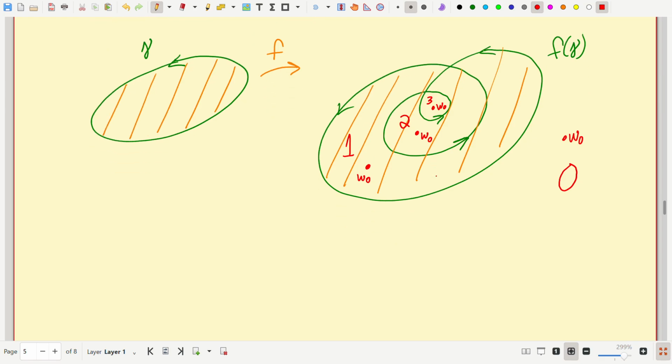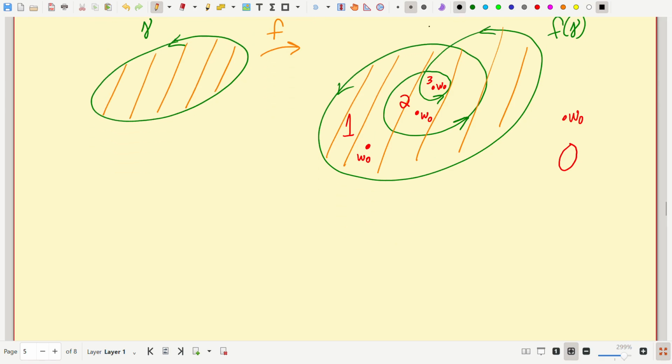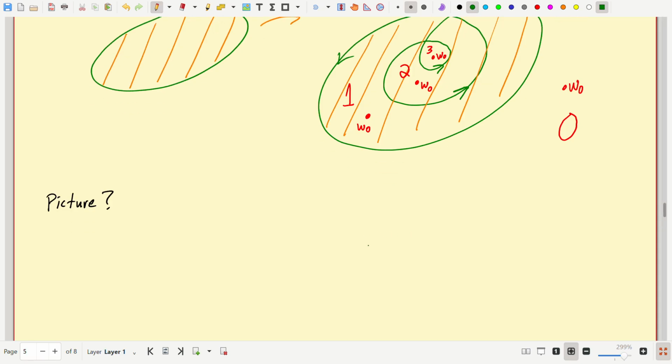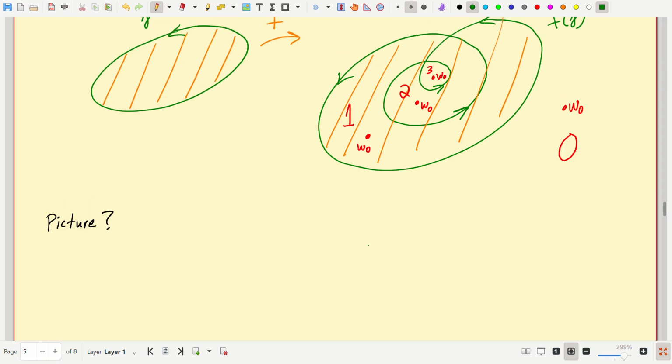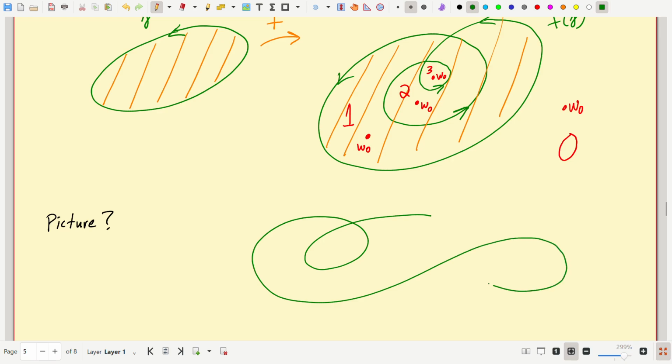What if, let's think about this picture. Could this picture happen? I have my gamma here, same old gamma. But then on this side, I could have something similar going around like this. But then I'm going to have one go clockwise over here.